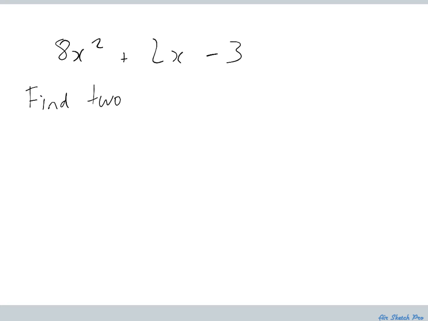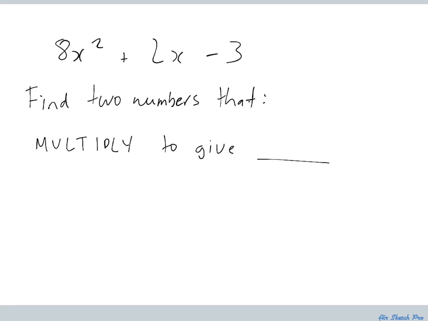You find 2 numbers, and I don't even mind writing the script down, to be honest, that multiply to give, this is the script, and what you do is you multiply the A coefficient and the C together, and add to give B. So, what does AC equal? 8 times negative 3 is, leave me hanging guys, negative 24.